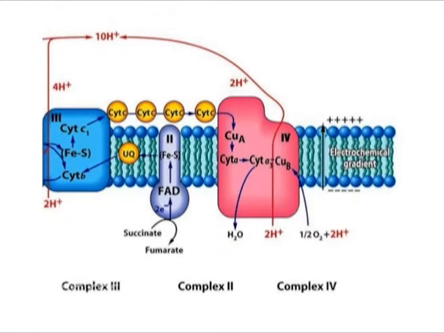The fourth complex is composed of cytochrome proteins C, A and A3. This complex contains two heme groups, one in each of the cytochromes A and A3, and 3 copper ions, a pair of CuA and 1 CuB in cytochrome A3.